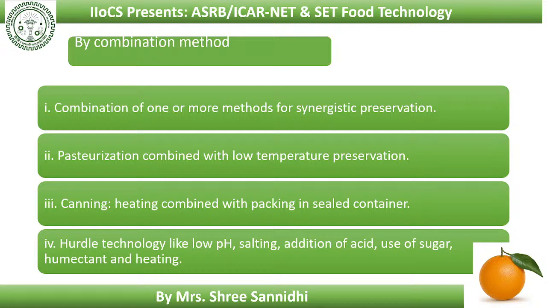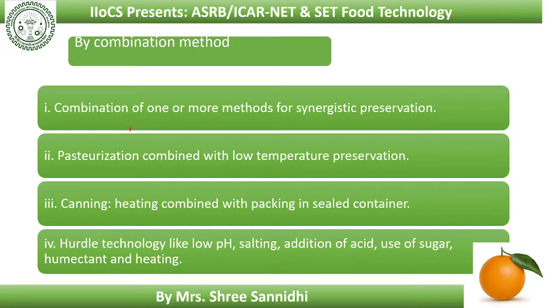The last one is preservation of food by combination of methods. Combination of one or more methods for synergistic preservation gives a better preservation and longer shelf life of the food.